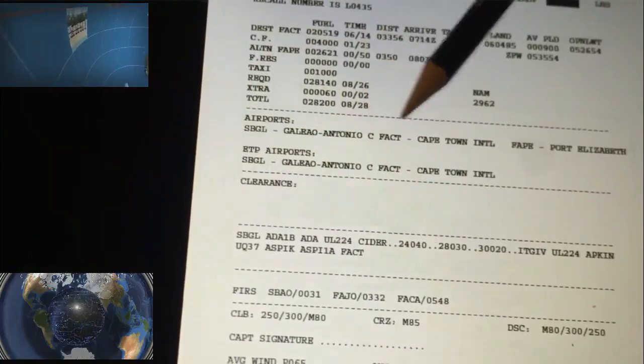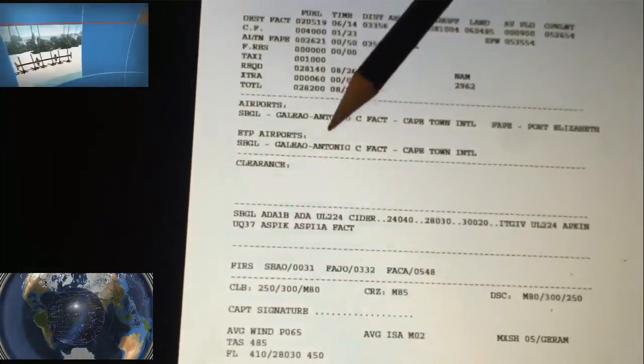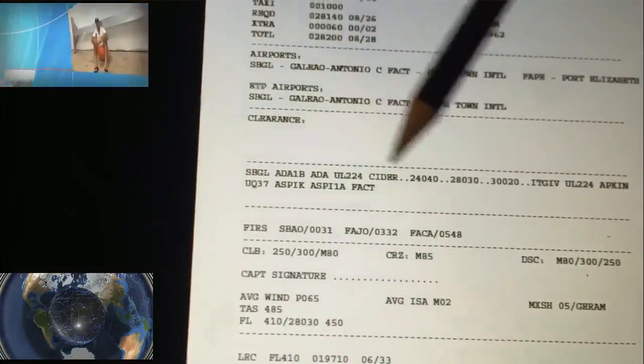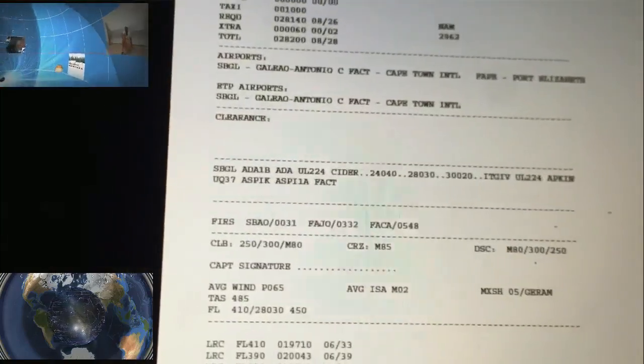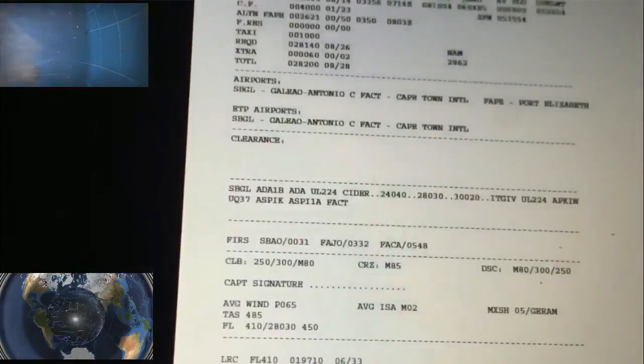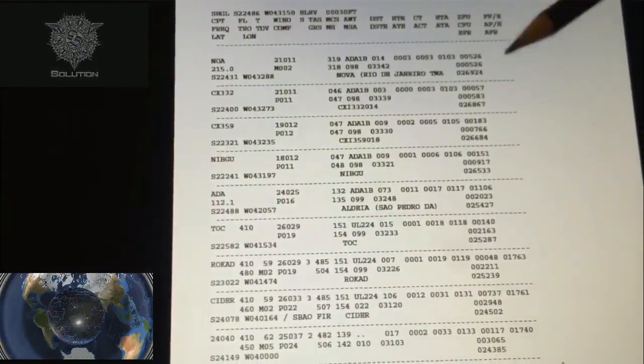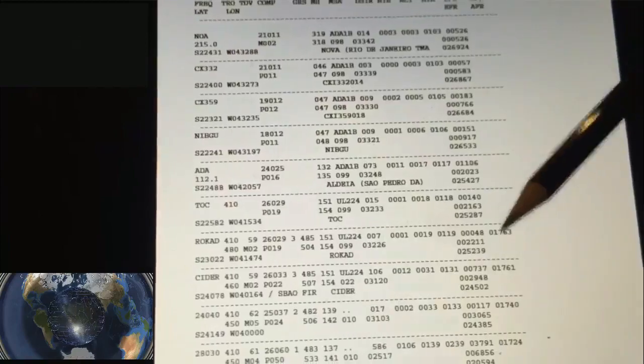And then we've got the different airports that are involved. We've got Galileo, which is in Rio, Cape Town, Africa, and there's our actual flight plan, which goes into the coded system, and it's produced on the flight management system. The actual legs of the route are there. It basically breaks down each waypoint, distance, time, how much fuel you will use, how much fuel you will have remaining.